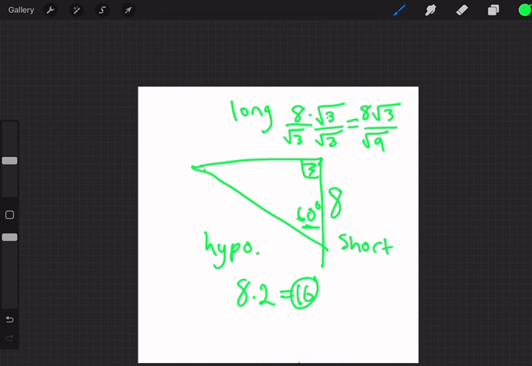Sorry. It's going to be 8 times the square root of 3 over 3, because the square root of 9 is 3. And that is going to be our long leg. Sorry, I kind of ran out of room there.